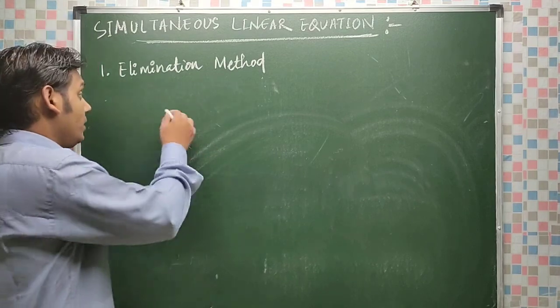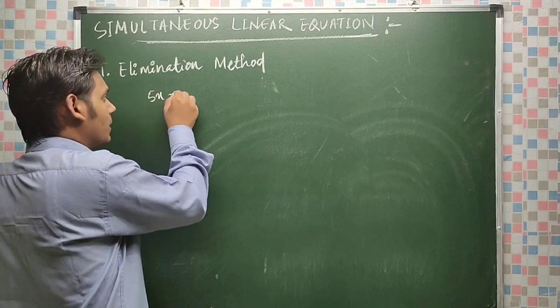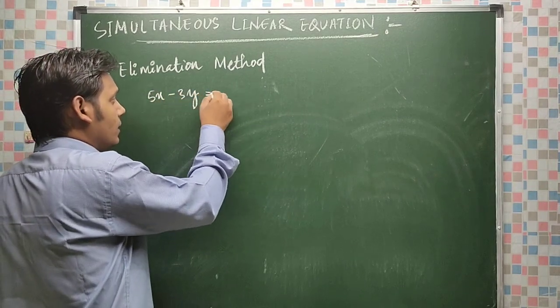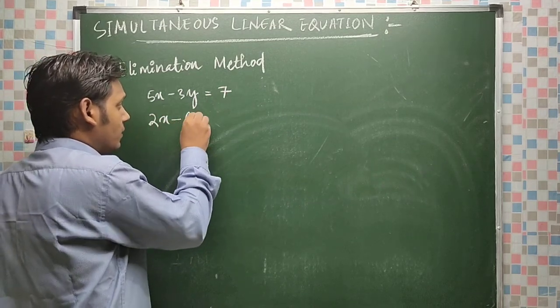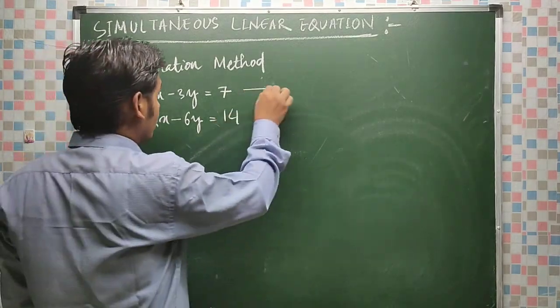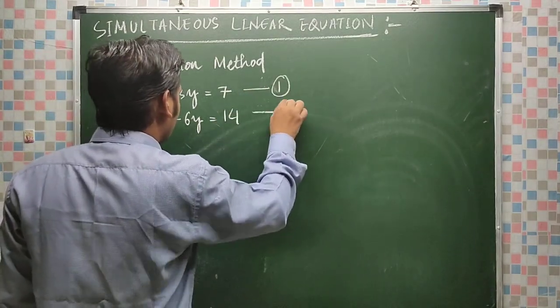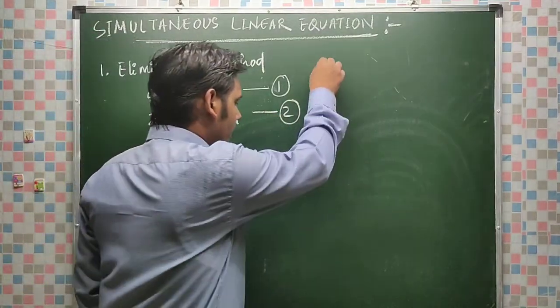Okay, so if there are equations like 5x minus 3y is equals 7, 2x minus 6y is equals 14, these are two equations: equation 1 and equation 2. What is the condition to solve this?